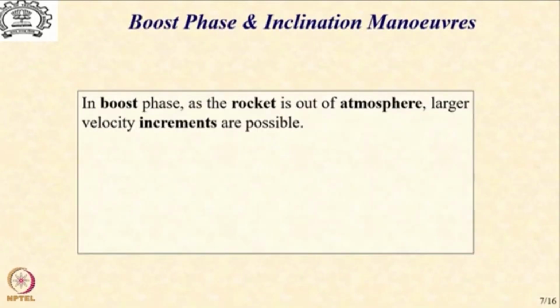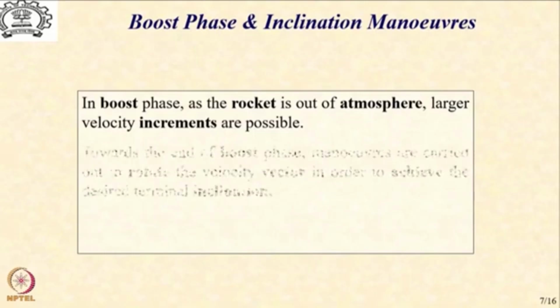In the next phase, the boost, you are out of the atmosphere by and large, and you are inclining yourself. Once you are out of the atmosphere, larger velocity increments are possible. So you burn a larger amount of propellant and generate a large amount of thrust, so that you can achieve large accelerations and large velocity increments.